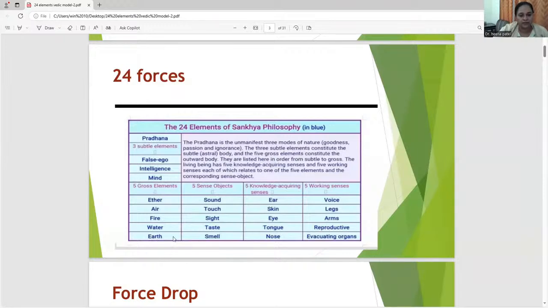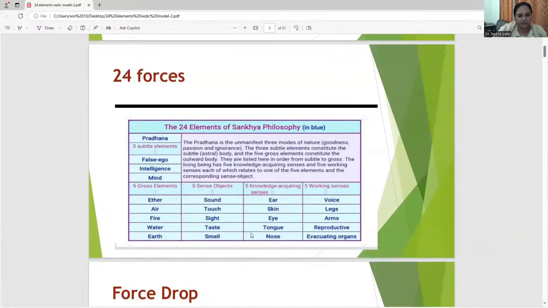Earth element: its sense object is smell. When there are rainy days and the first rains come, a beautiful smell comes out of the ground. It's basically the nature of the earth element.